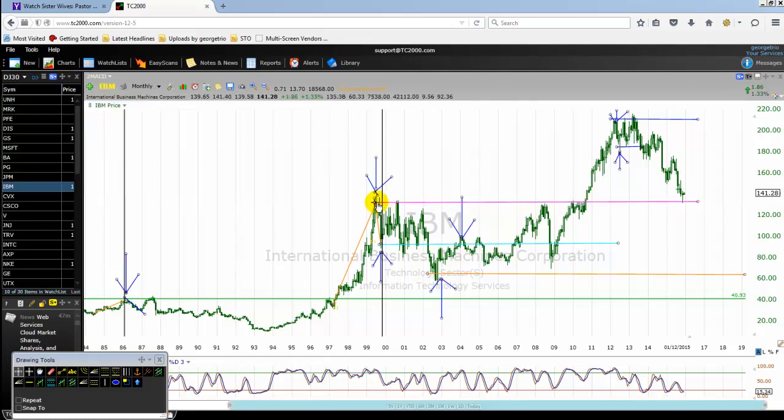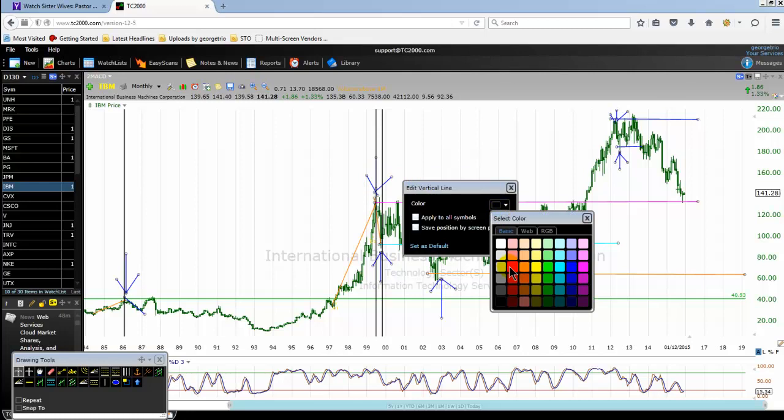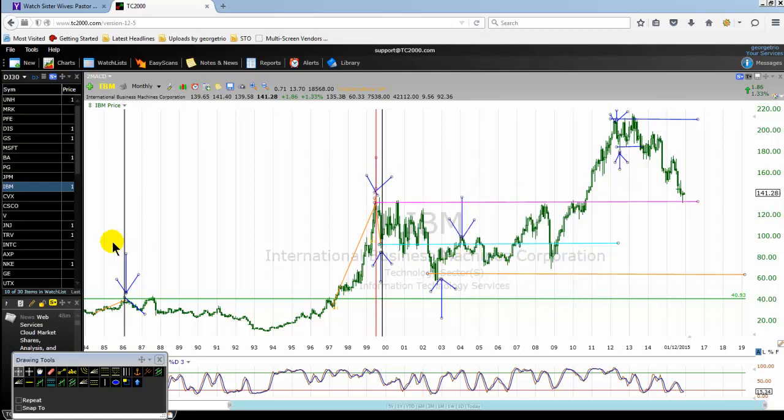They sold it. How do we know? Because the price was going up fast and then it changed direction here. So let's place another vertical line there. Traders sold it at $193. I'm going to start changing the colors of my vertical lines. So they sold it here and they sold it also here.